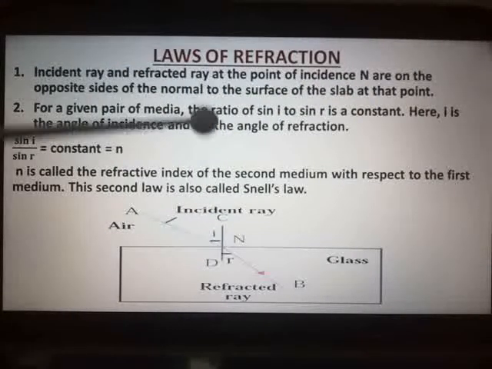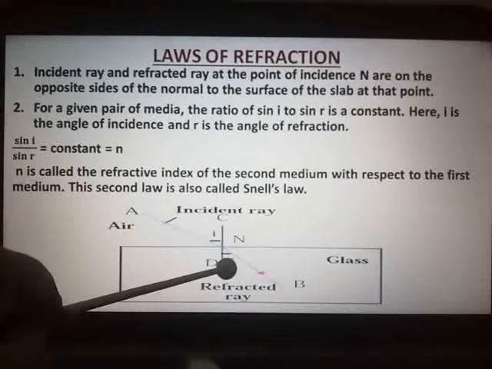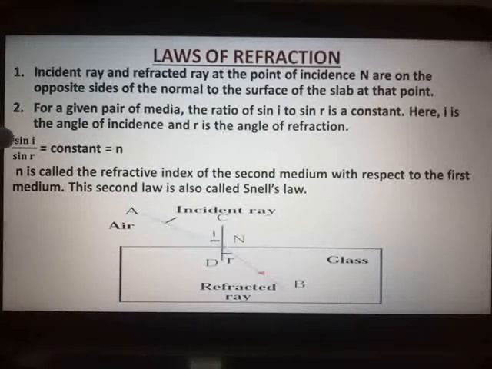Here i is the angle of incidence, r is the angle of refraction, and sin i upon sin r is constant, which is called n, and n is the refractive index of the second medium with respect to the first medium. This second law is also called Snell's law. Snell's law also, the question can be twisted and they can ask you about Snell's law.